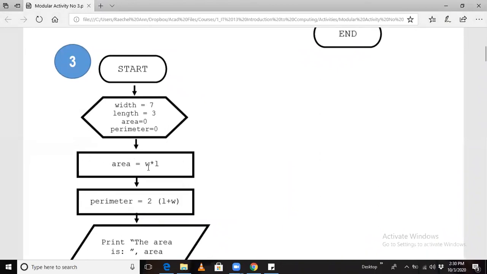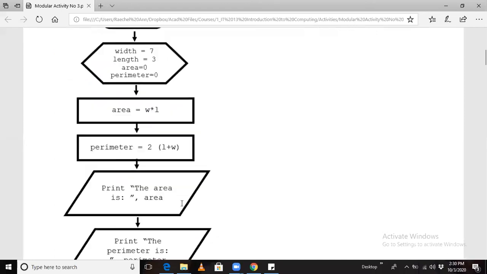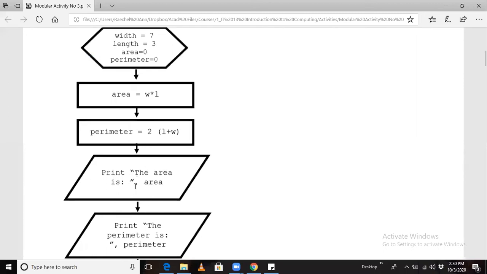Area is equals to width multiply length. And perimeter is equals to 2 multiplied to the sum of length and width. Then print the area is area, the perimeter is, and print the value of perimeter.